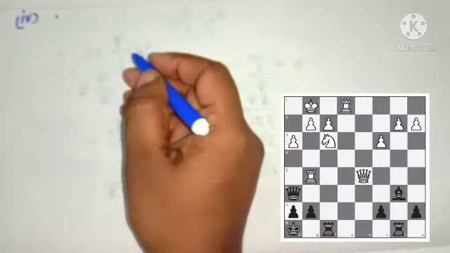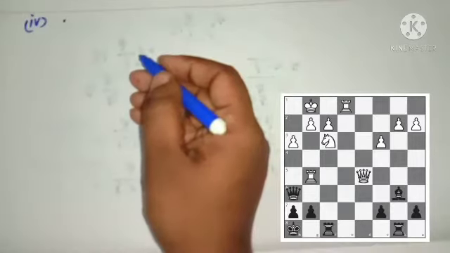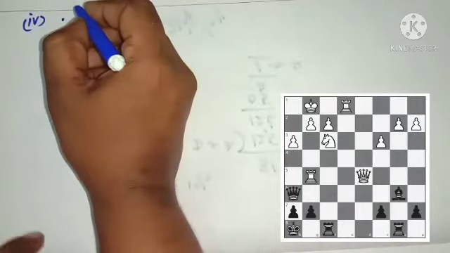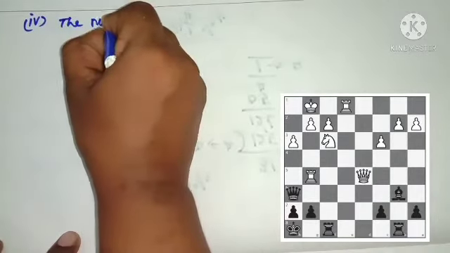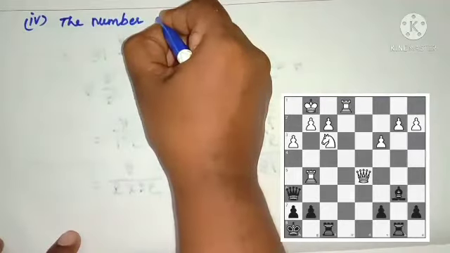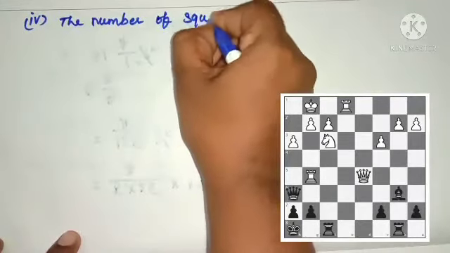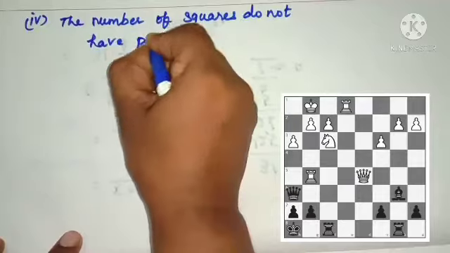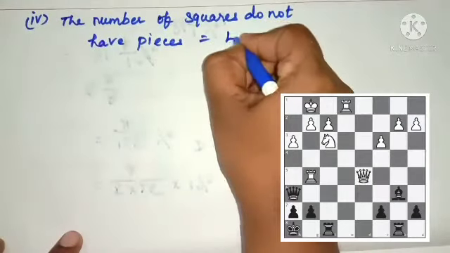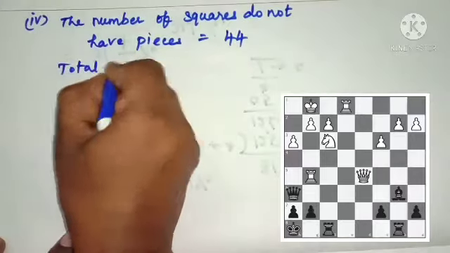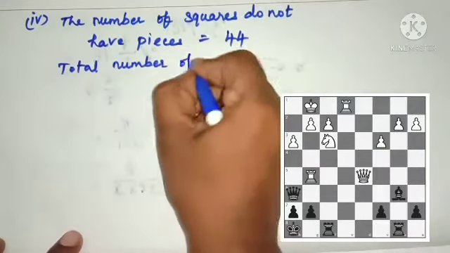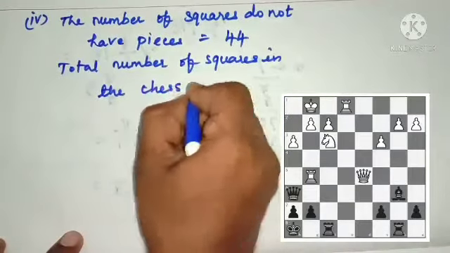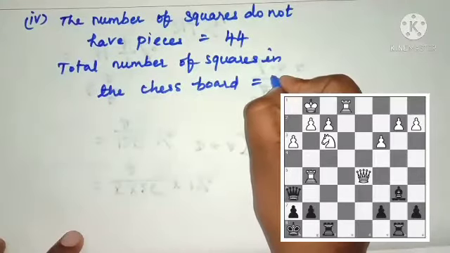And now let us find the percentage of the squares that do not have the pieces. First let us write down the number of squares. See the chessboard and tell me the number of squares that do not have pieces. That is 44. And the total number of squares in the chessboard is 64.